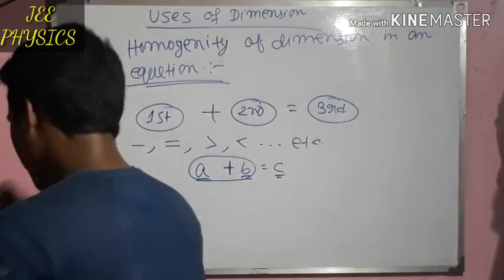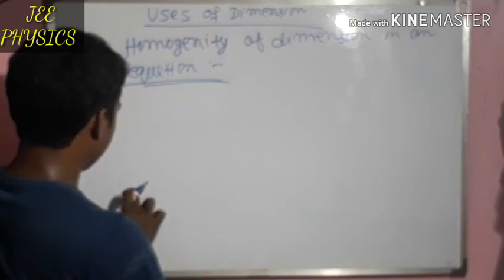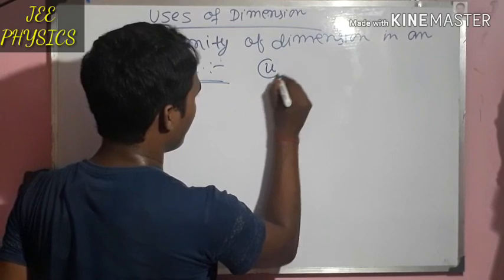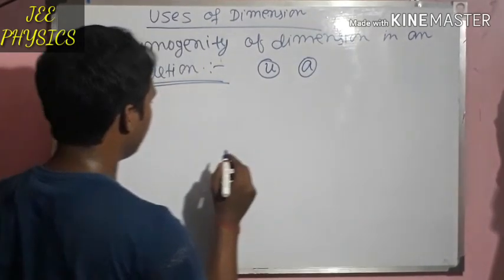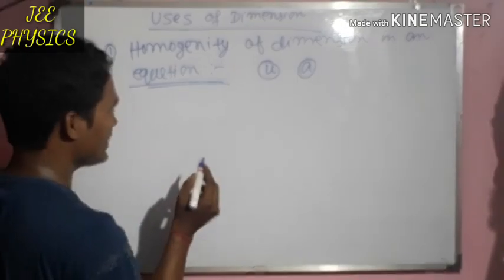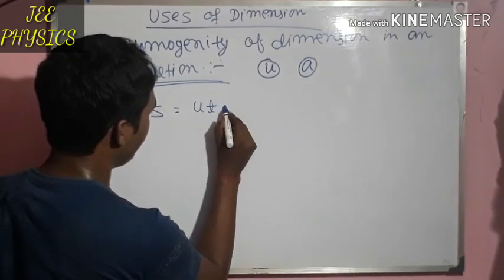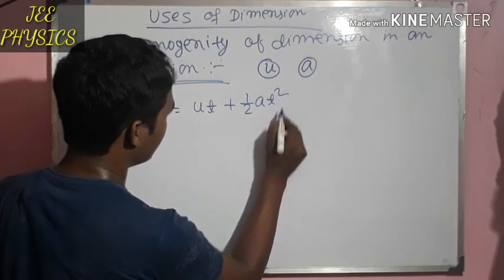One thing, for an example, we have an equation of mechanics: if u is the initial velocity of a particle and a is acceleration, then the displacement s in a time t is given by s equals ut plus half a t square.